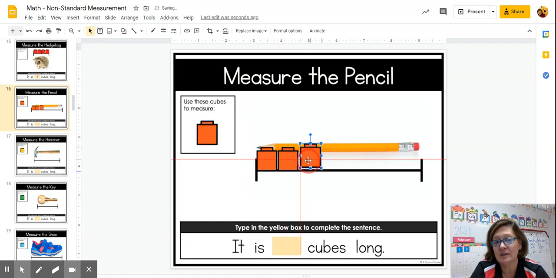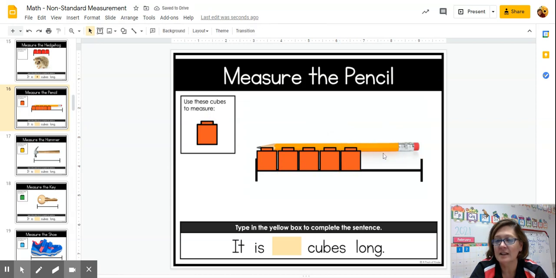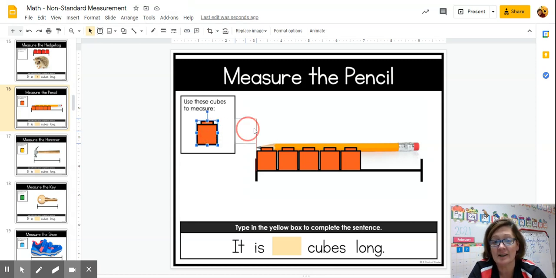Oh, that's not quite over there. One more. 3. Okay. 4. Oh, I had said 5, didn't I? 5. Hey, wait a minute. Is it longer than 5? Look, it is. Boy, I wasn't close on that one, was I?